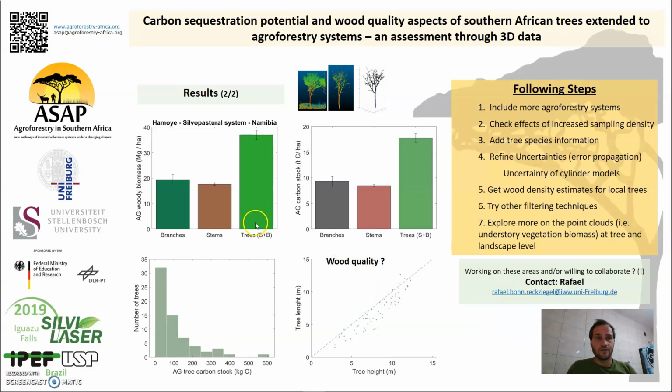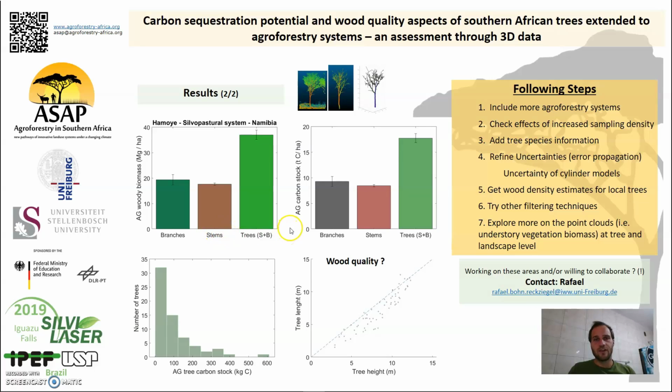We also found an above ground woody biomass on a hectare basis of 35 megagrams. And you can see also that most of it is actually allocated in the tree branches and not in the stems.